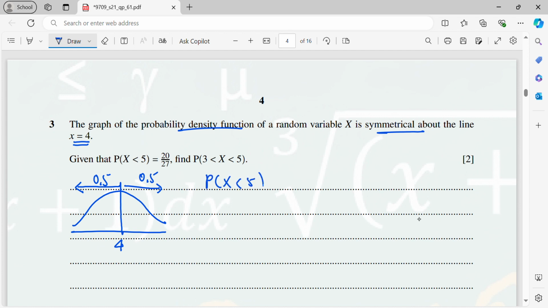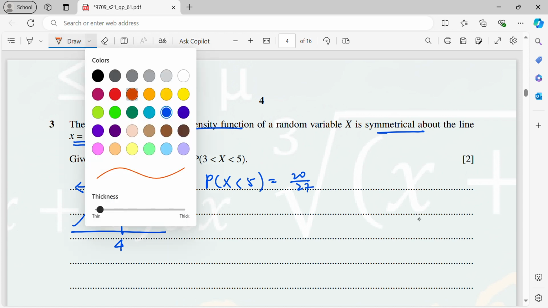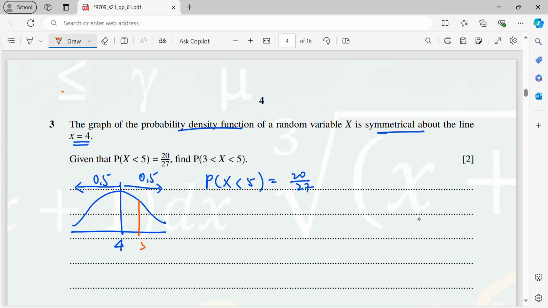Alright, so now given that P(x < 5) is 20 over 27, that means here is 5, and this is 20 over 27. So I can find out what this is.